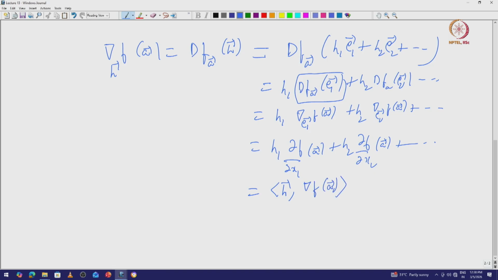The gradient is simply the collection of all partial derivatives put together as a vector. The vector h dot the gradient vector is precisely this by definition. So this means that if a function is differentiable, not only is the total derivative unique, but also its directional derivatives exist and they can be computed using this nice little formula.